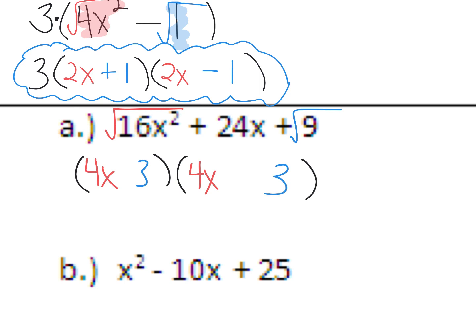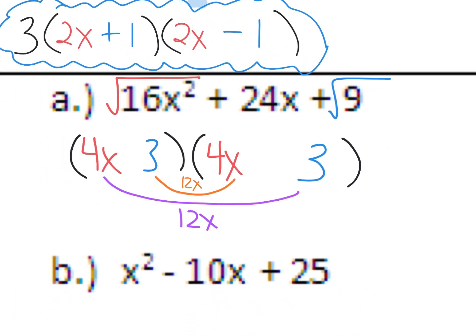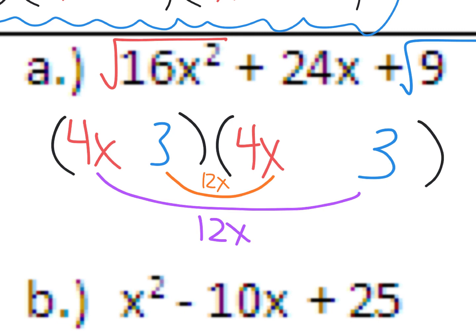Okay, notice that when my outers and my inners come together, I get 12x for my outers, and I get 12x for my inners, right? Well, I need those to come together to make 24x. So this is the decision you make in order to identify what symbols go in between your 4x and your 3.